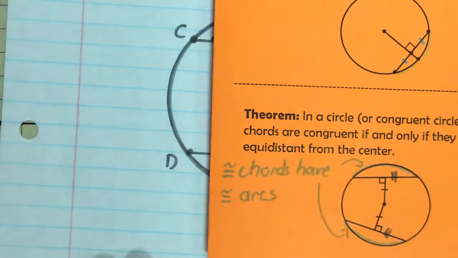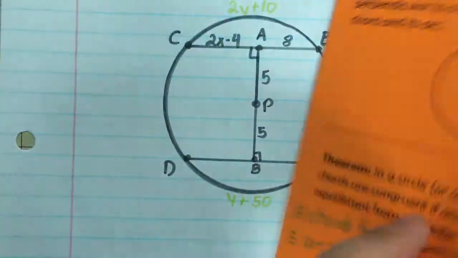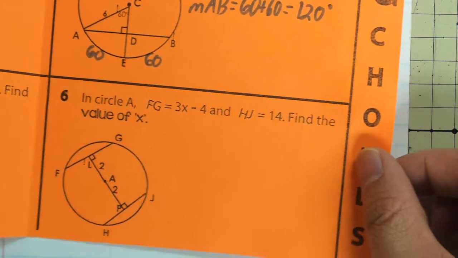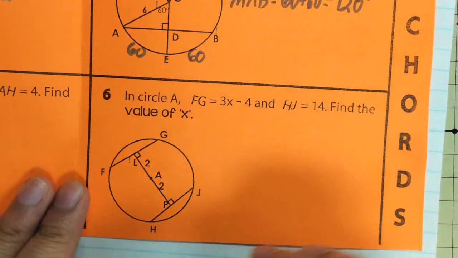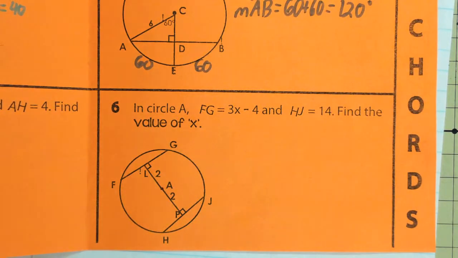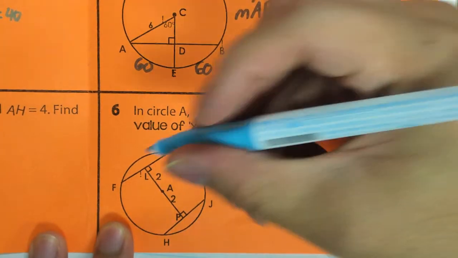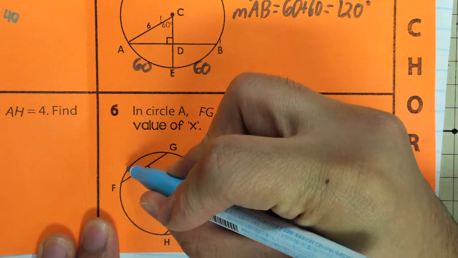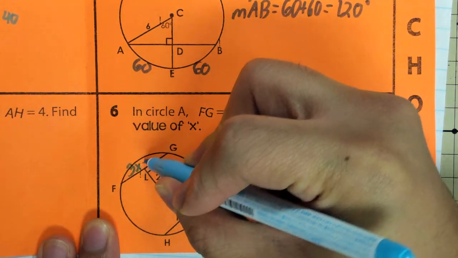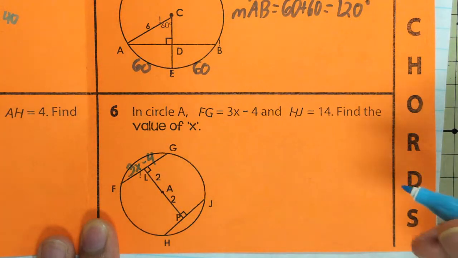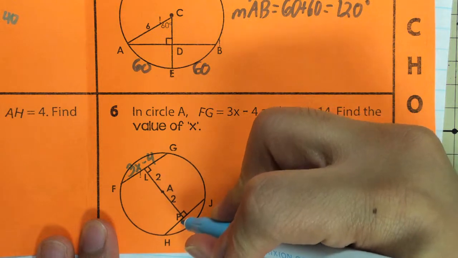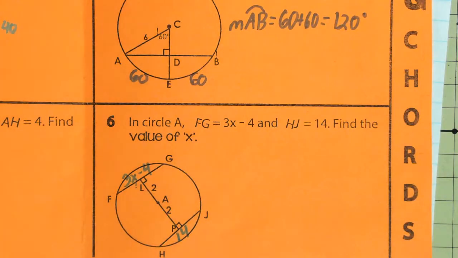So let's take a look at these two examples. Alright, number 6. In circle A, we have segment FG equals 3x minus 4, which is a chord for this circle. And segment HJ is 14, which is my other chord. Find the value of x.